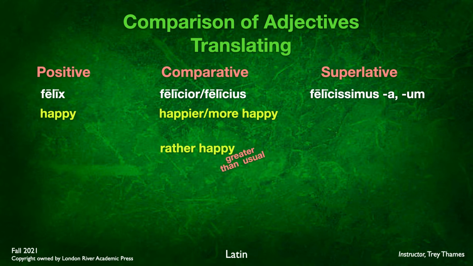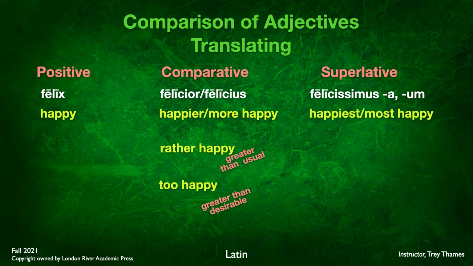Now, you could also translate this as rather happy if the circumstances are that it's greater than usual. The happiness here is greater than one would expect, so you could say rather happy. But you could also translate it as too happy if it's greater happiness than desirable. It's like really too happy here. All right, so in the superlative, felicissimus, -a, -um can be simply translated as happiest or most happy.